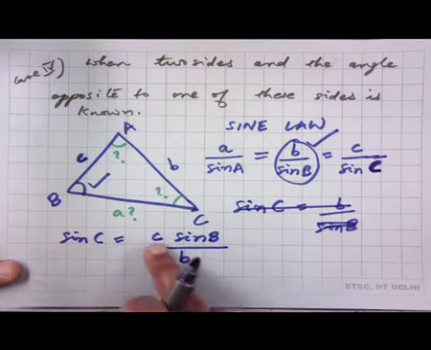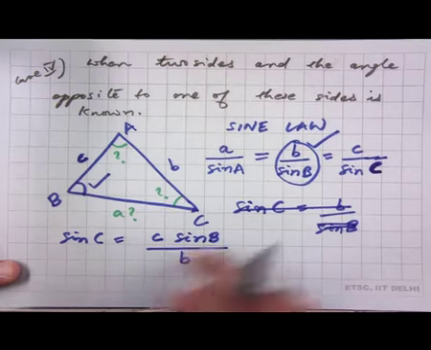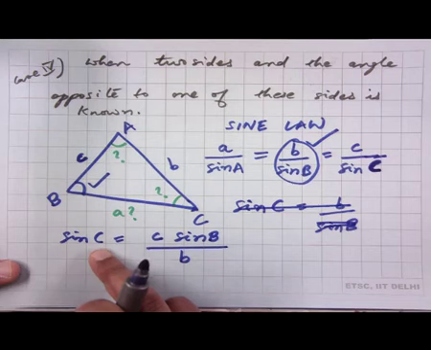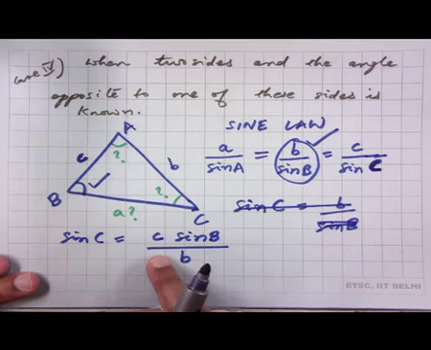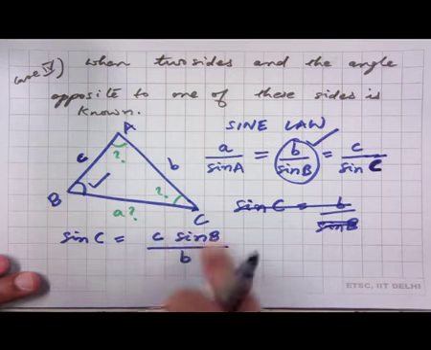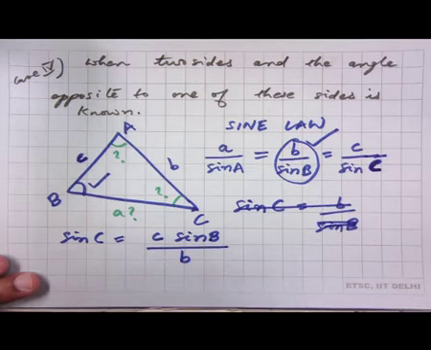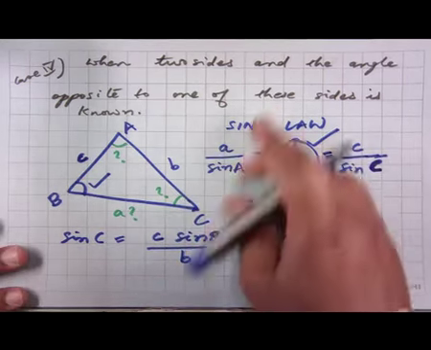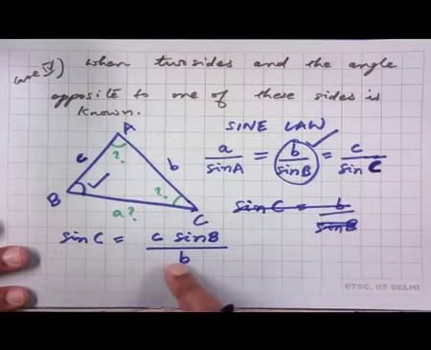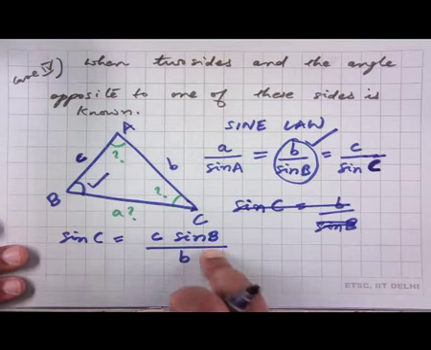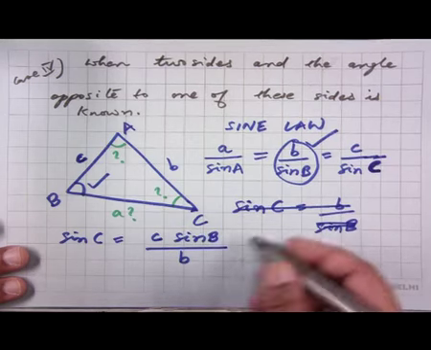Now, because c, b and the angle B are known, we know the value of sine of C. But suppose it so happens that the parameters which are given to us, which are c, b and this angle B, when we put them in this equation, we see that this value is greater than 1.